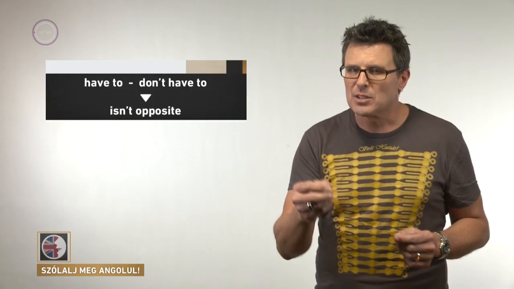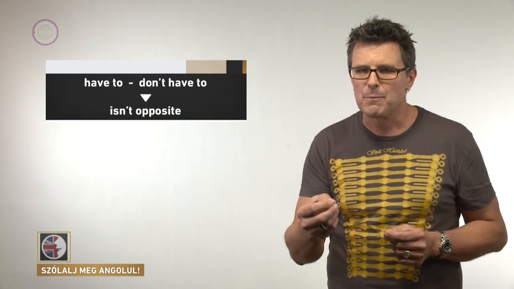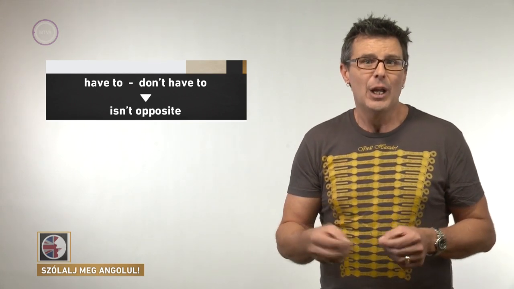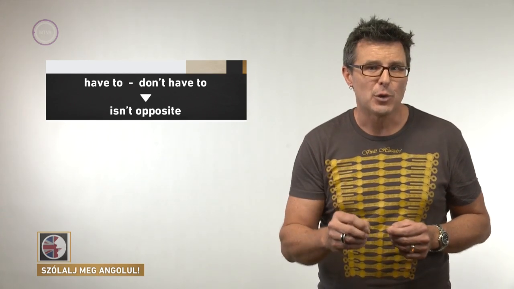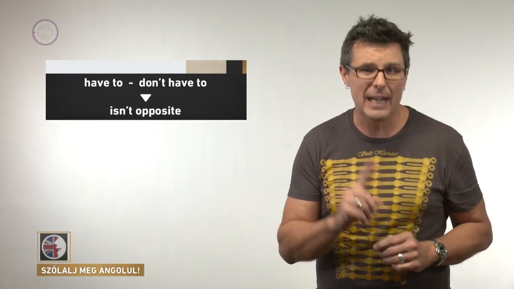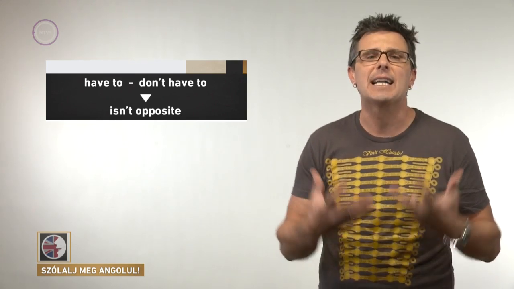The strange part is coming up now. When we add not to have to, we don't get the opposite of have to. No, when we add not to have to, we get do not have to or don't have to, which isn't the opposite of have to. If we look at have to, it means the same as must.